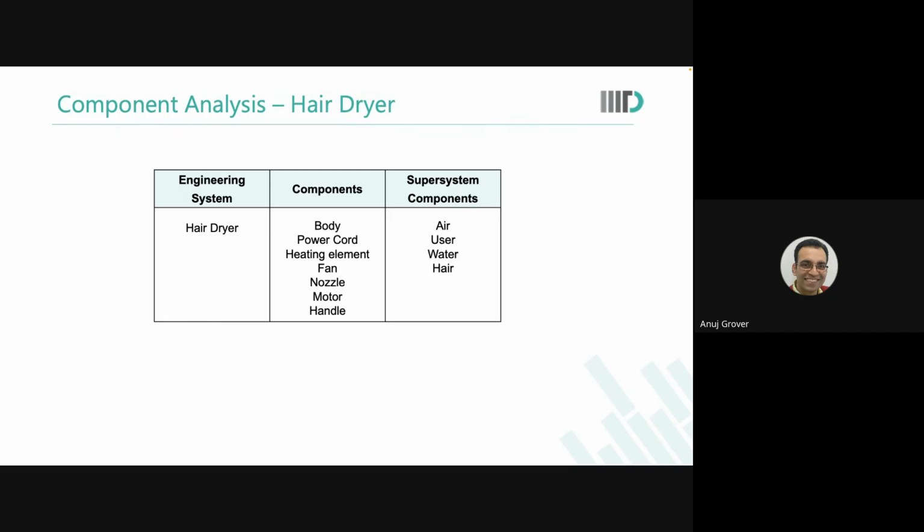As we will progress, you will see that when we'll do trimming, we'll arrive at a solution which has nothing to do with hot air, but does the job. Because I identify the target as water.